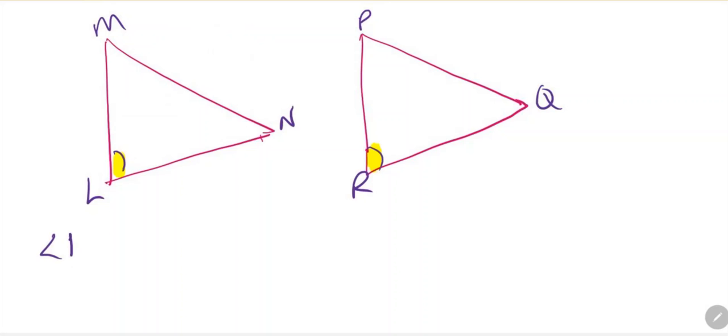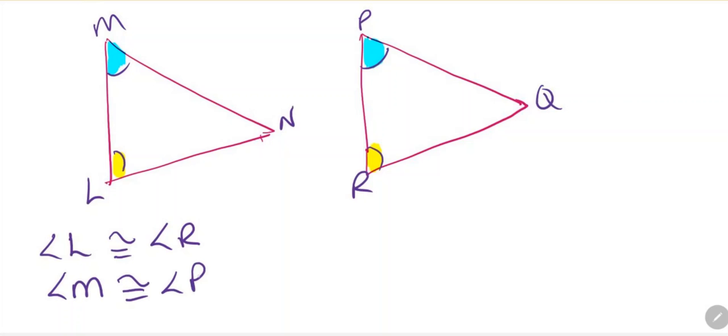So angle L is congruent with angle R. Angle M is congruent with angle P. And the side MN is congruent with the side PQ.